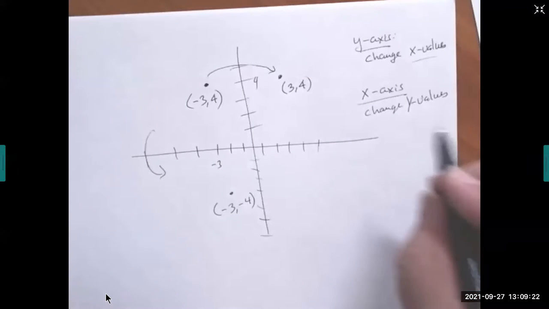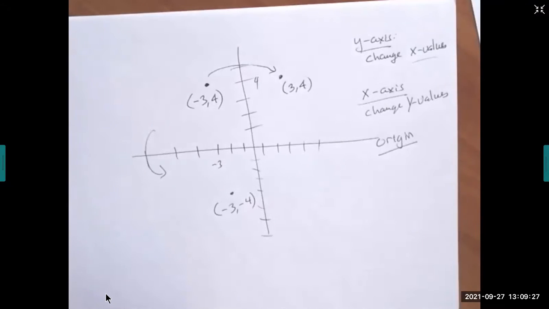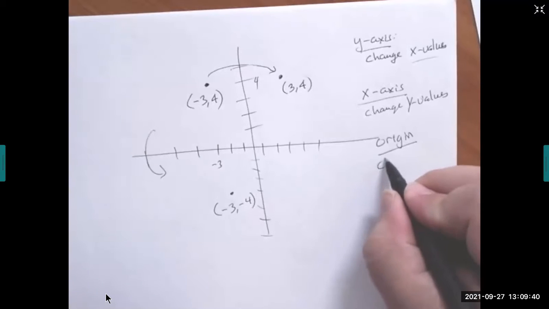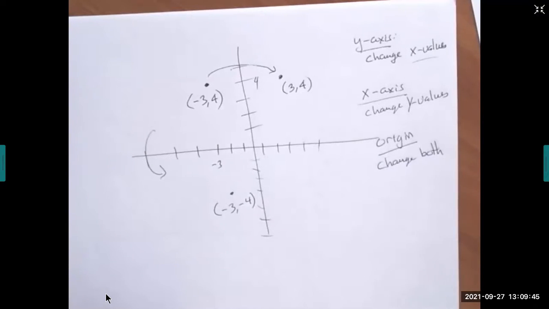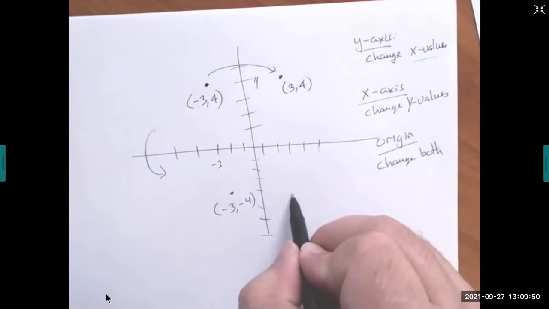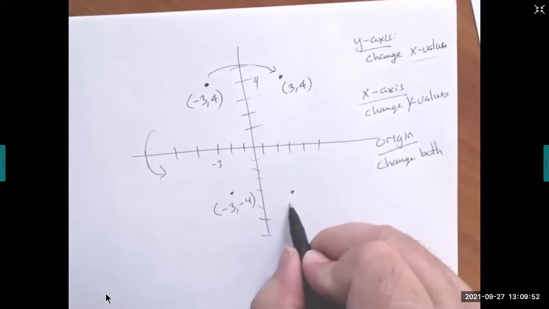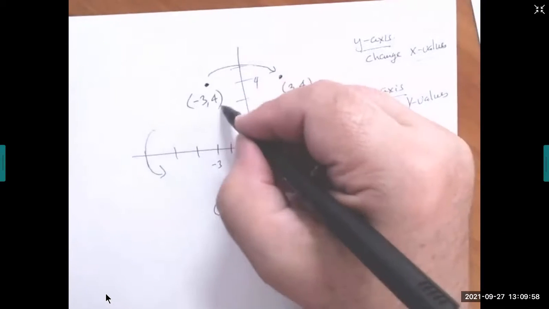And what would it be across the origin? Yeah, so it used to be -3, 4. It's going to be 3, -4. This is across the origin.